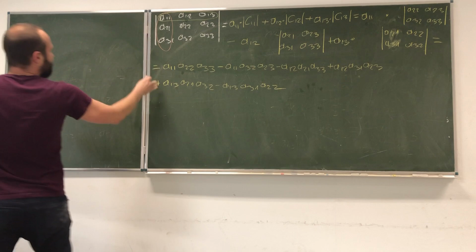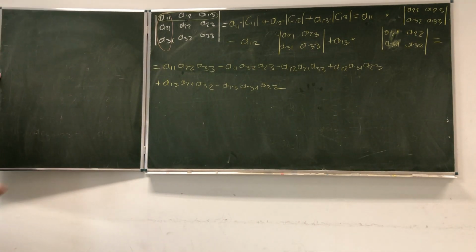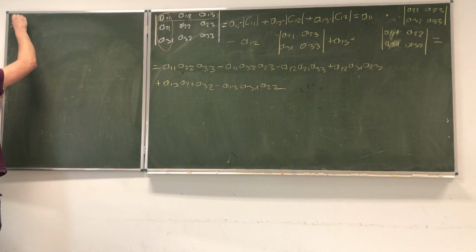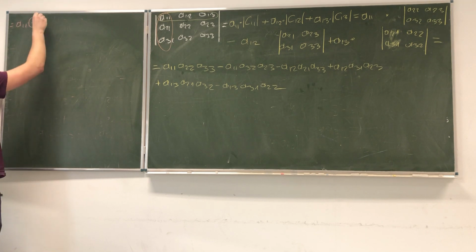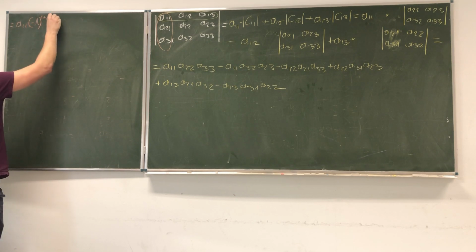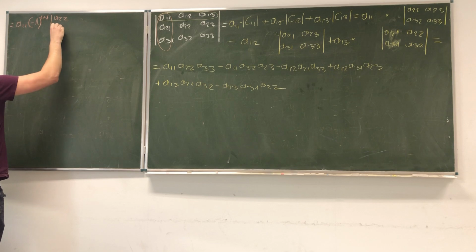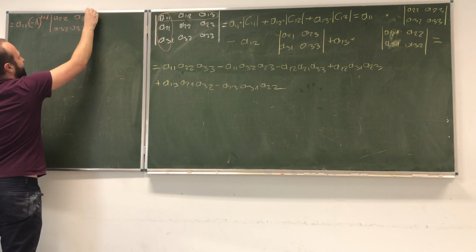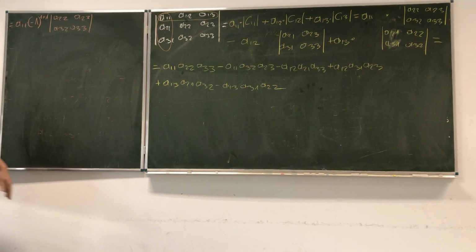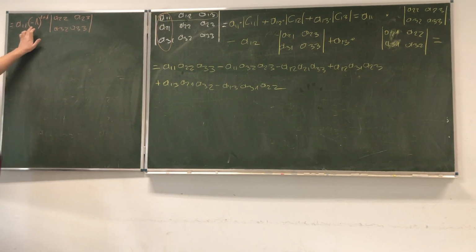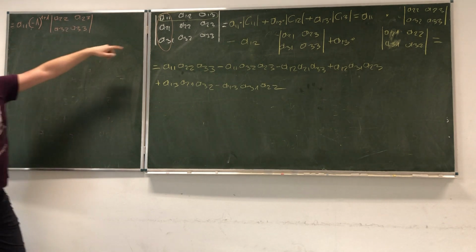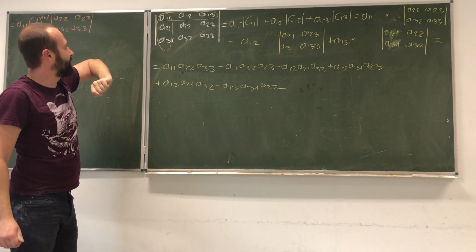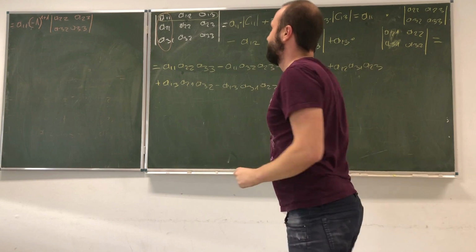Okay, so if I'm now doing expansion by the first column, my first element will be A11 times negative 1 to the power 1 plus 1 times the minor A22, A32, A23, A33. Because I need to have element times negative 1 to the power 1 plus 1, because this is the location of this element, and then I add the minor.